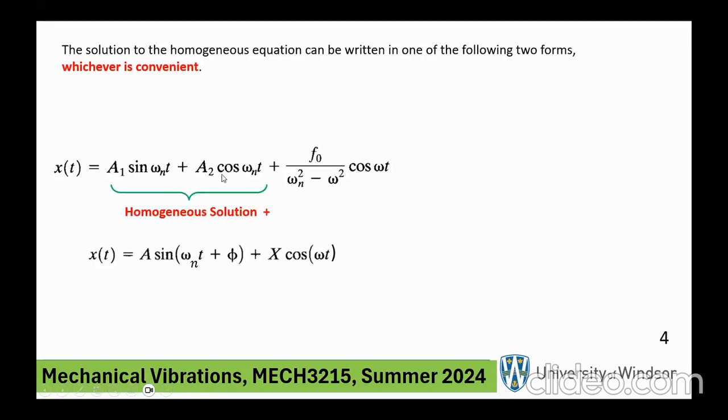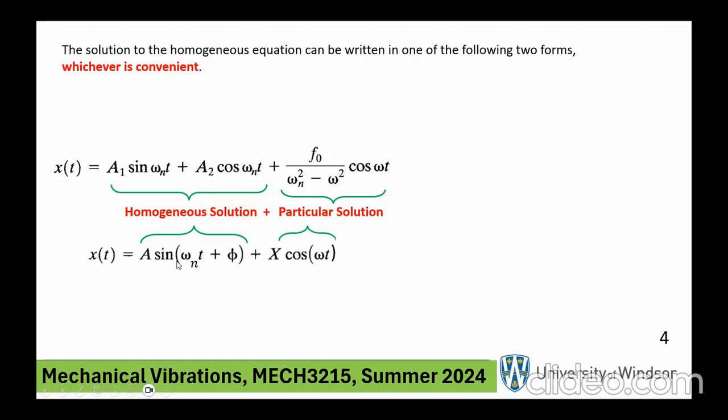This is the solution to the homogeneous equation plus the particular solution, either written like that or as a big amplitude sine of omega n t plus a phase. And we don't know big A, we don't know phi. These two are saying the same thing.